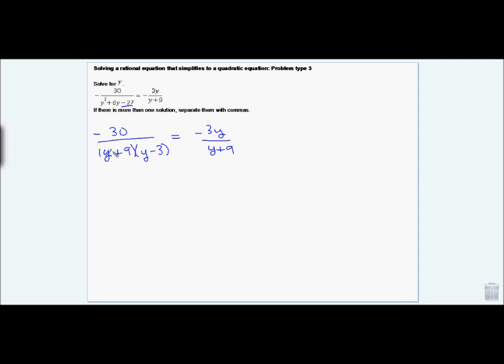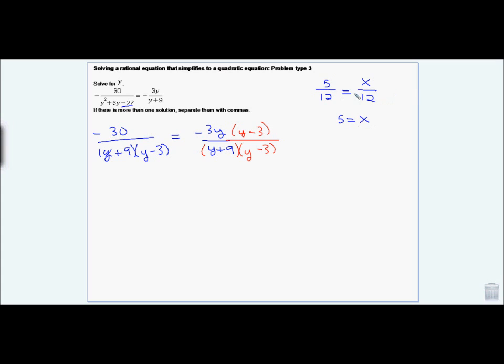Now, I have y plus 9 times y minus 3, so I need to make this times y minus 3 in order to have denominators that are like terms. And as a side note, if I have 5 over 12 is equal to some random number x over 12, my denominators are identical. The only thing x could equal would be 5.